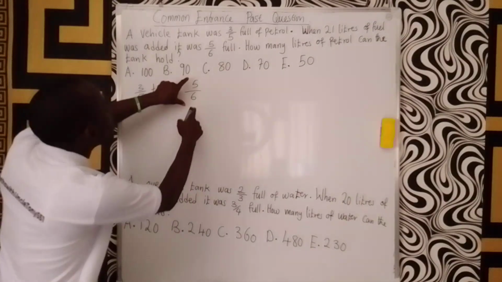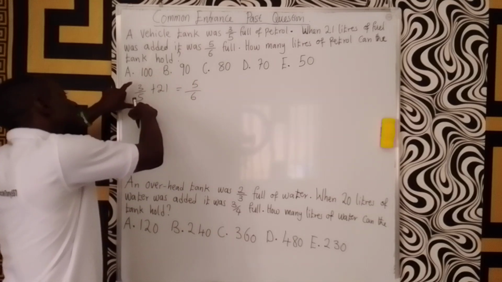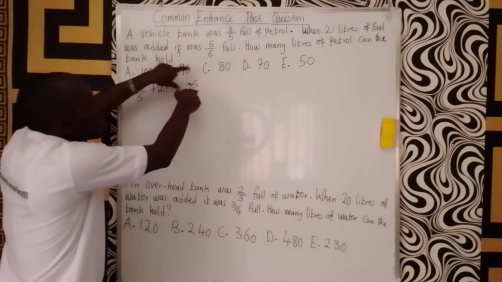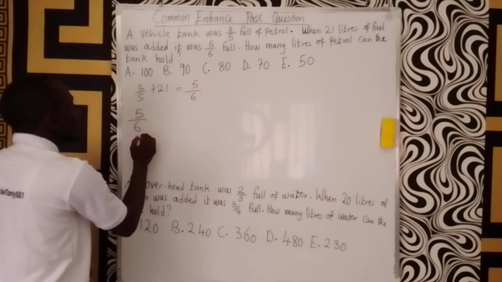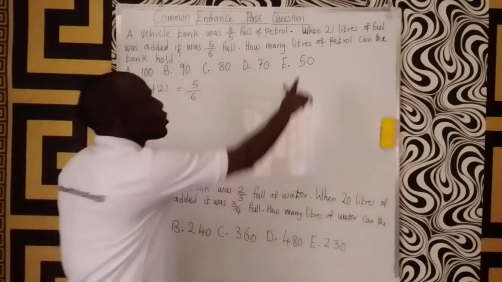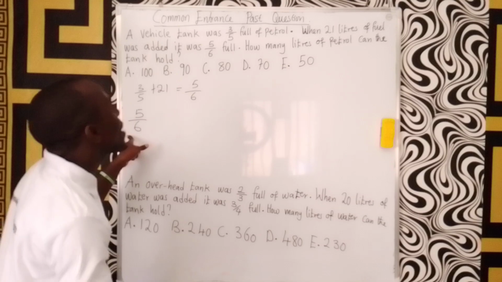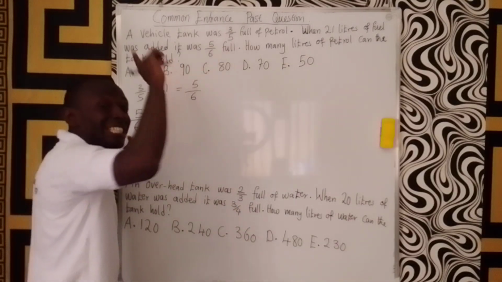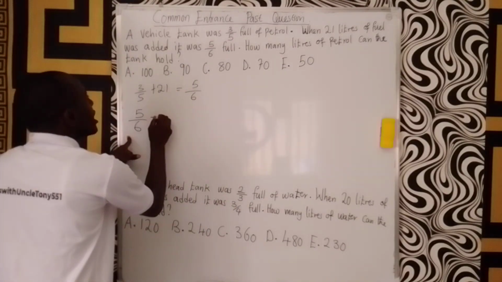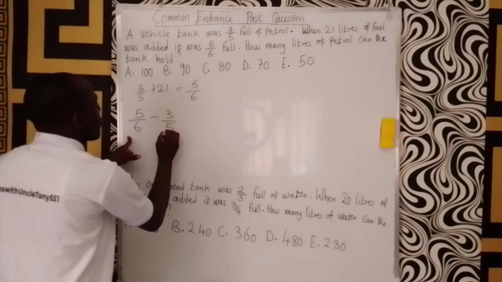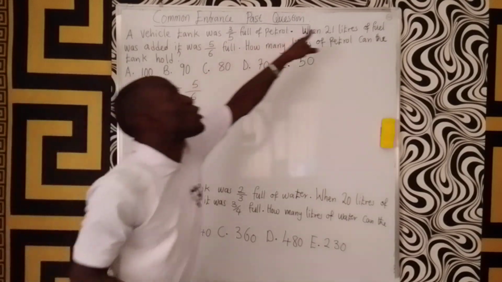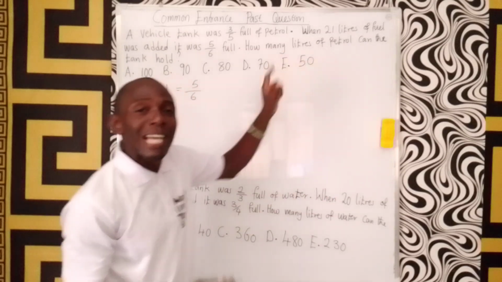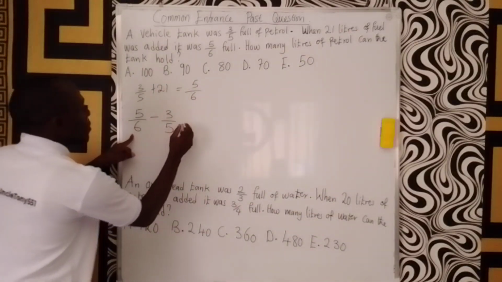Now we're going to subtract 3/5 from 5/6, meaning that 5/6 was the quantity when 21 liters was added. We subtract the initial quantity 3/5 to know the fraction form of 21, since they say 21 liters was added.